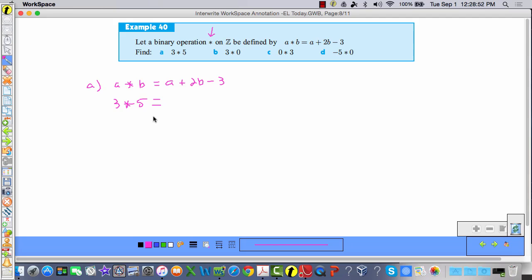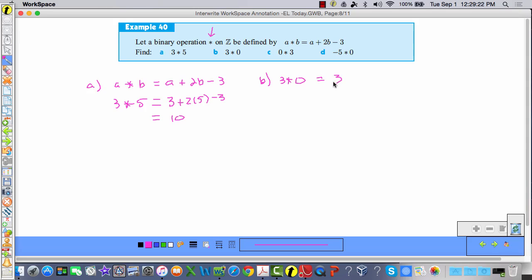Well, it is, but you have to make sure you understand the substitution, because what you're going to be using for substitution gets a little confusing here in just a little bit. So this would turn into 3 plus 2 times 5 minus 3, and I believe that is going to be equal to 10.